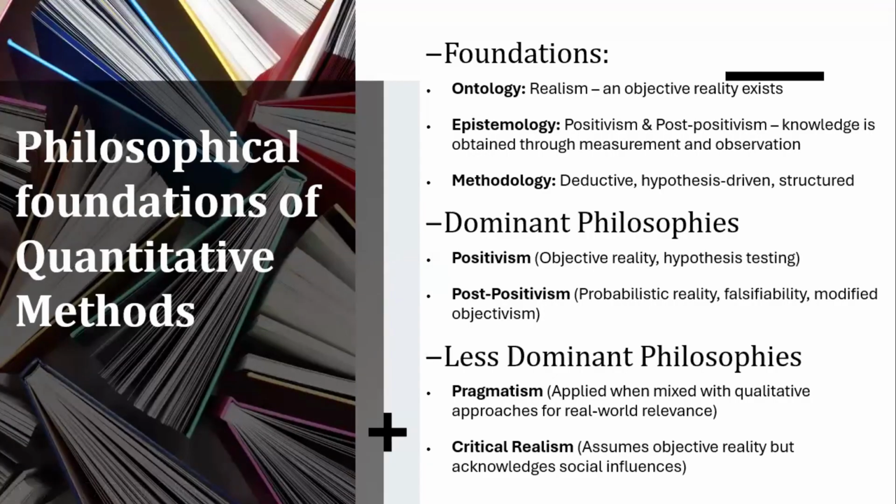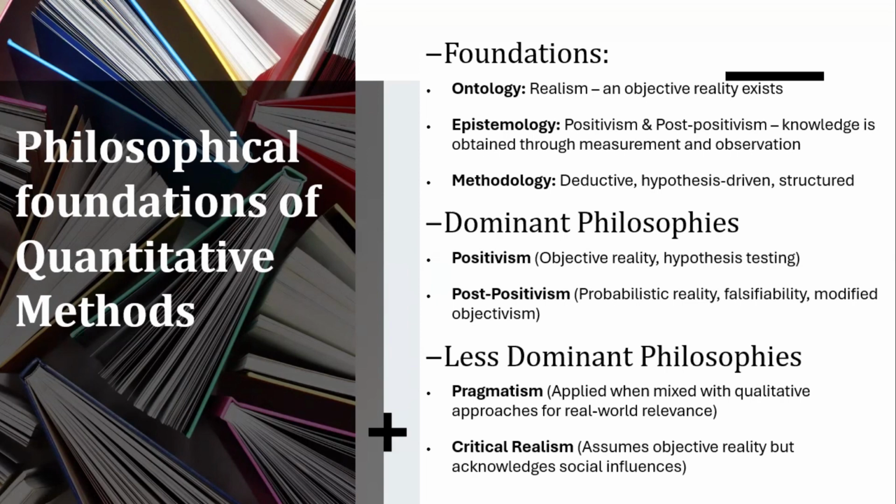So its foundation is fundamentally rooted in positivism. Positivism is the dominant philosophical foundation for quantitative studies. And positivism, both classical and post-positivism, are the dominant philosophies. But there are also other philosophies that people can draw on to do quantitative research. Pragmatism, for example, is one of them.